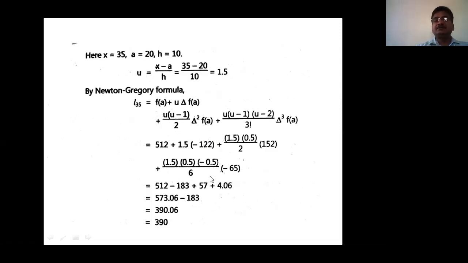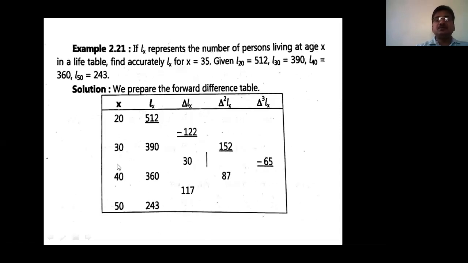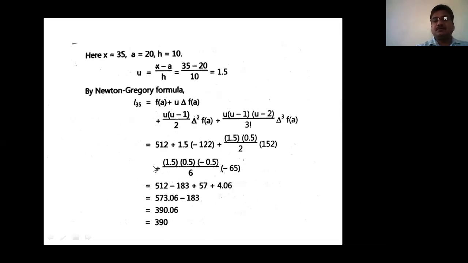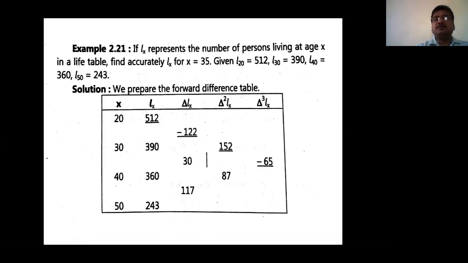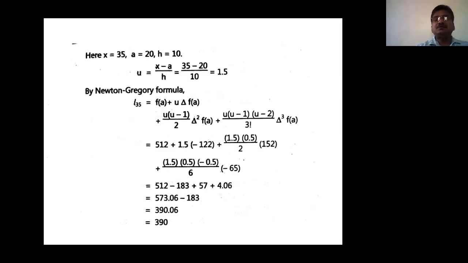Substitute all these values and calculate. We have the answer 390. So what is the answer corresponding to 35? 390. Actually these are numbers of people, and that's why the answer is 390.06 approximately. But the number of persons must be an integer, a natural number.